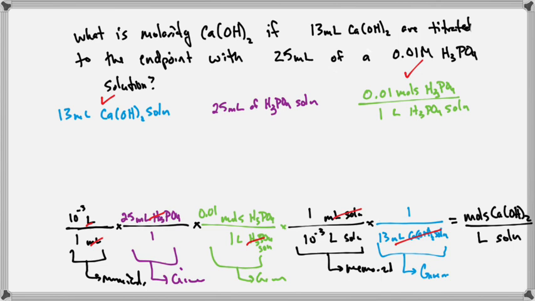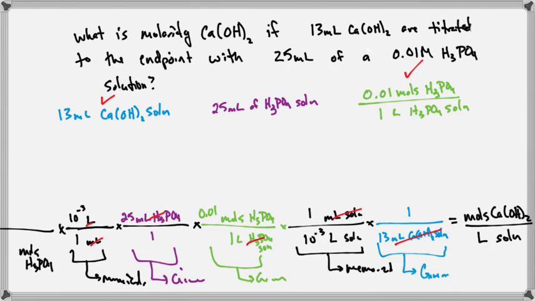You have moles of phosphoric acid. Do I want moles of phosphoric acid? No, so what has to happen? What has to happen to the moles of phosphoric acid? It must cancel. I don't have a choice. I got to get rid of it. So moles of our phosphoric acid.